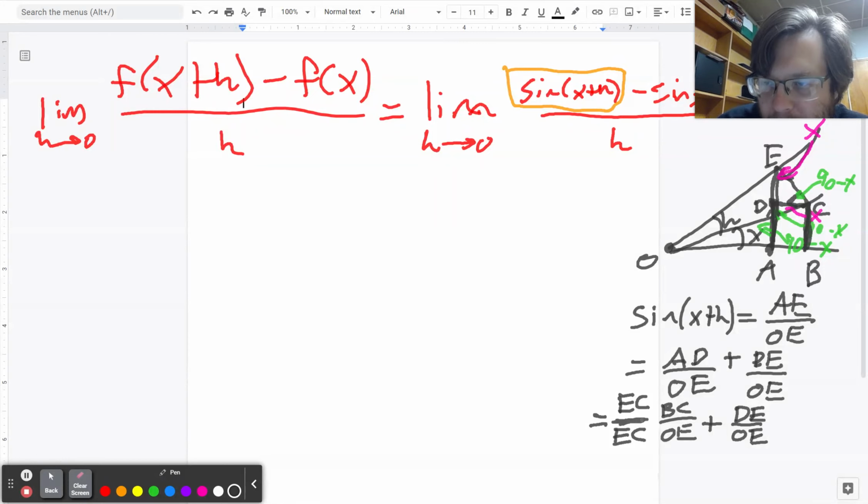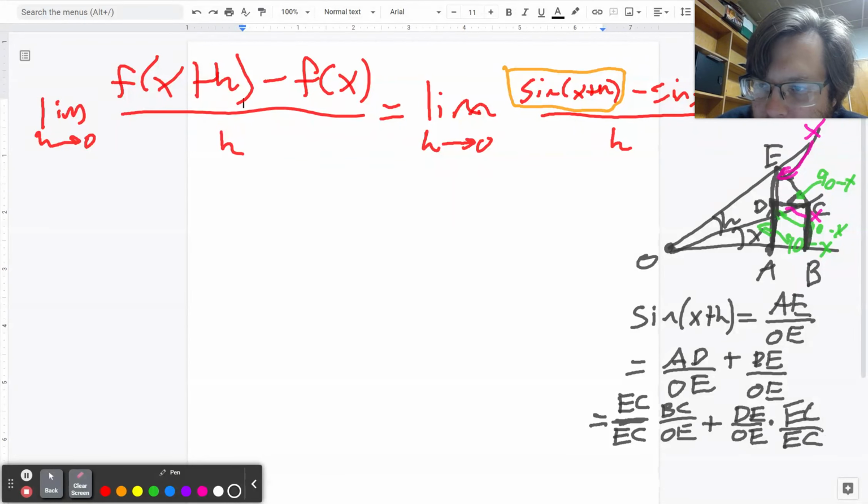And then over here, similarly, on this other piece, I have DE and OE. And I'm going to multiply that by EC over EC.